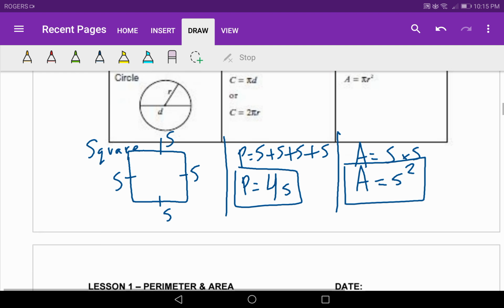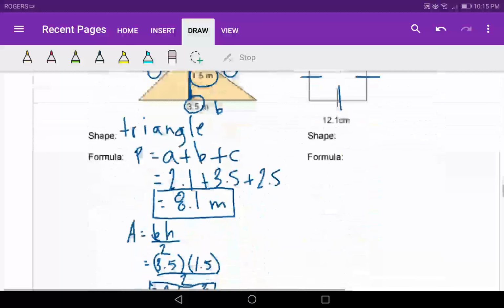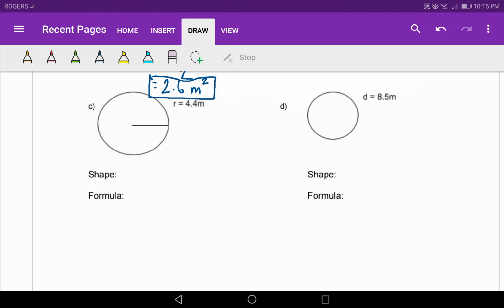Okay, let's go back and let's continue. I really want to get to this circle question because we have here something that we need to review, which I know we've done in elementary, but the difference between a radius and D for diameter. All right, what is the difference between a radius and diameter?